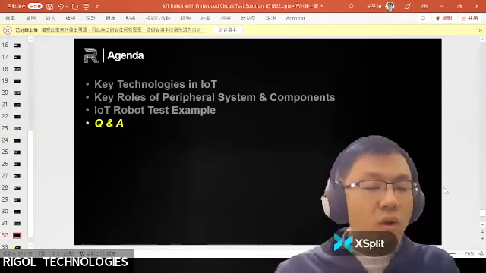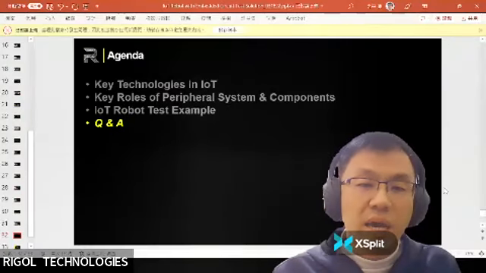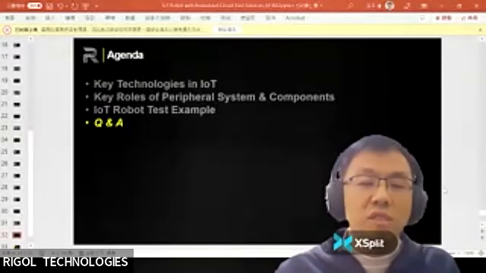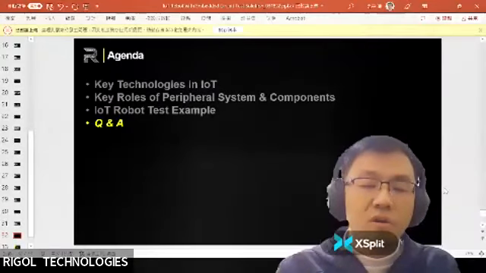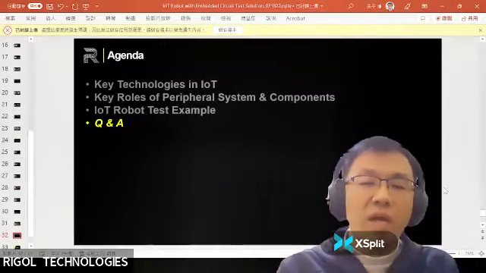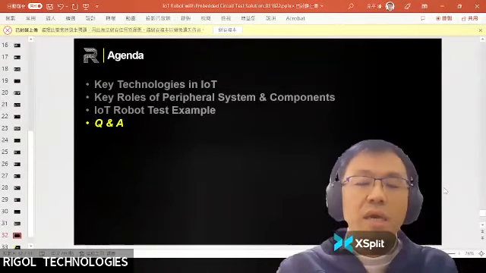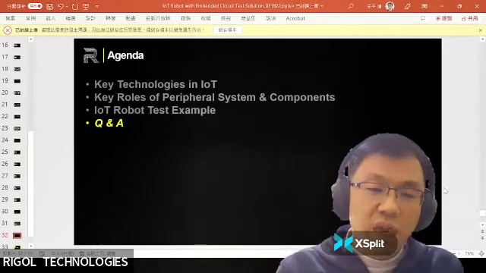And the final one, we will take the IoT robot test as an example to include all kinds of test solutions, including the embedded system, protocol design, protocol test, pulse train test, infrared and optical to electronic conversion test, and the RF signal test.